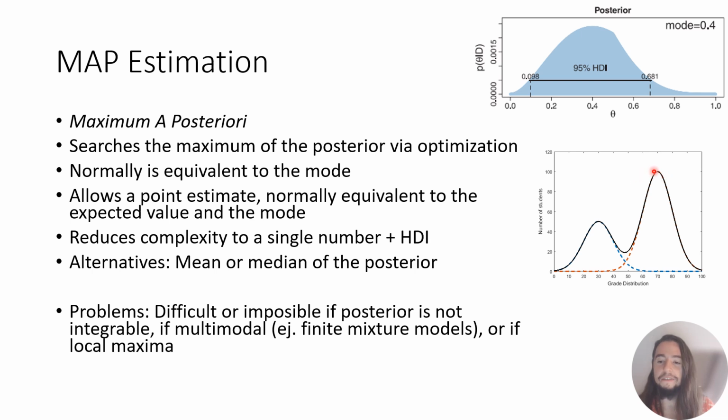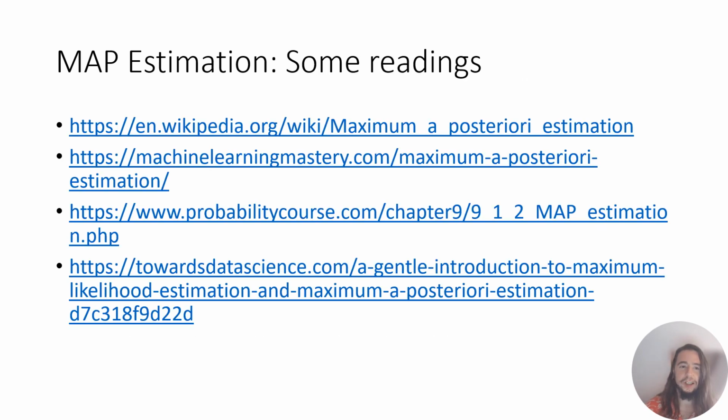And also, if the MAP was able to come to that point, the other mode would not be informed, and therefore MAP is better not to implement. Okay, these are some readings regarding MAP estimation that you can consult if you want more technical details on how it's done.